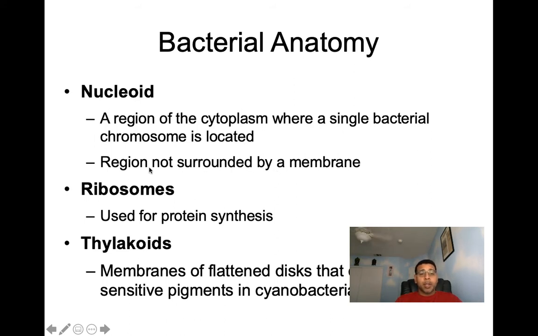We're also going to be able to locate ribosomes, which are used for protein synthesis. Thylakoids can also be found, which are membranes of flattened discs containing light-sensitive pigments, and we'll find that in cyanobacteria.